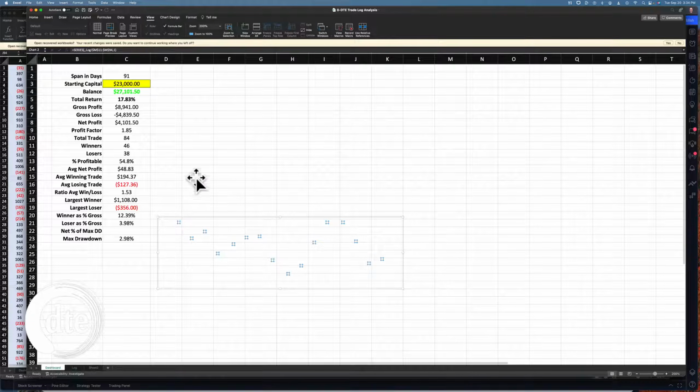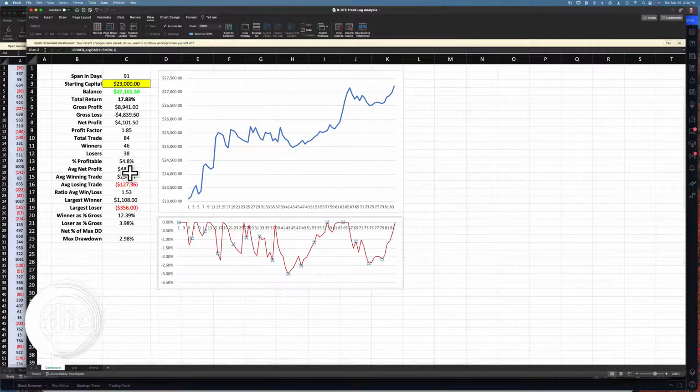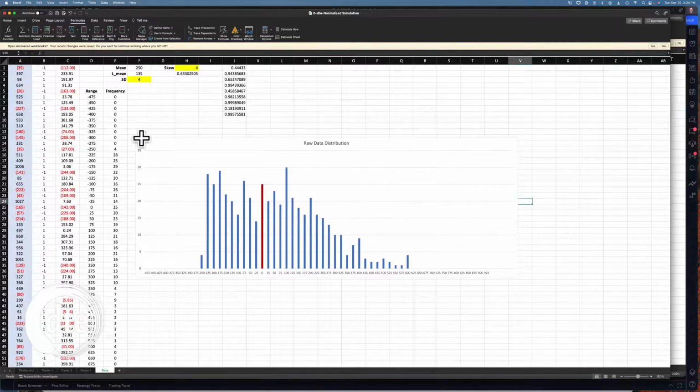And so what I did was I took my trading results, my win rate, the range of my winners to losers, and then I programmed that into my simulator, and also the skew of my results and the distribution of my results. And I programmed that into this sheet here.